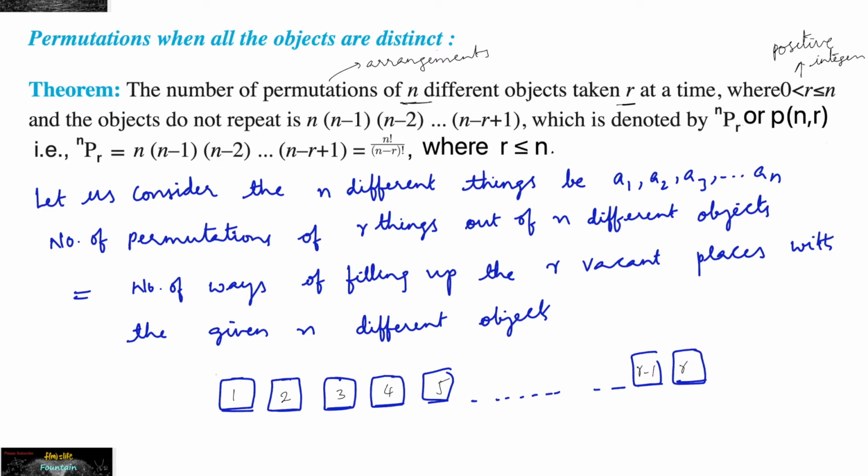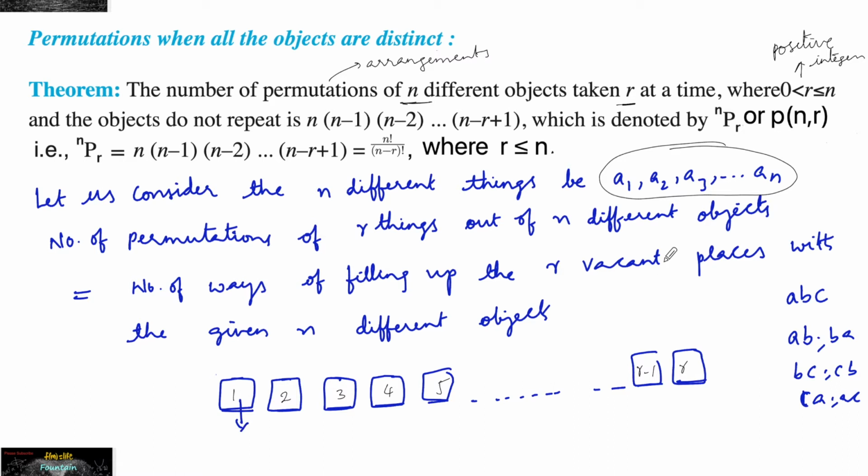Now we have to distribute these n different objects by taking r at a time, and we have to arrange them. Like an example we have seen before, suppose a, b, c, three objects are there. Taking two at a time means we can write ab or bc or ca, or we can also write ba, or cb, or ac. In the same manner here, we need to select r objects.